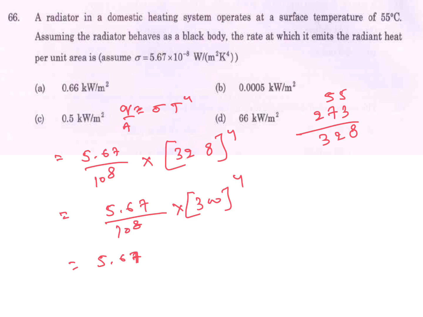Since it is 328, it will be more than 81, so you take it as 100. We have to use an approximate method, so it's 5670 watt per meter square. In kilowatt it's 5.67 kilowatt per meter square.